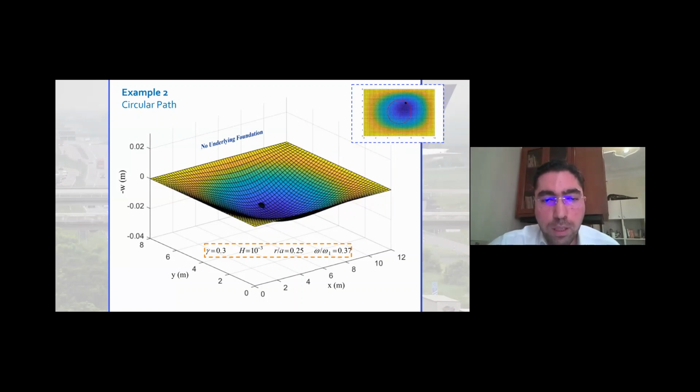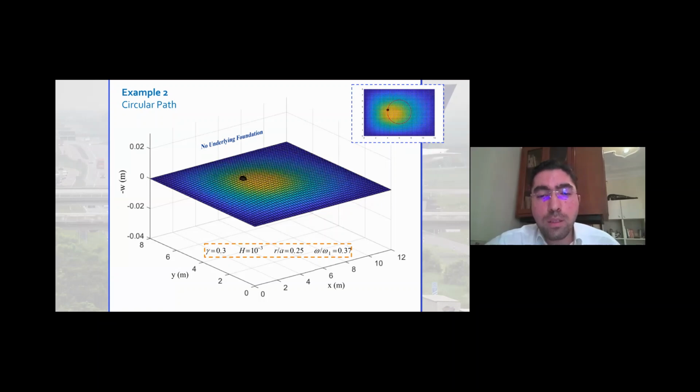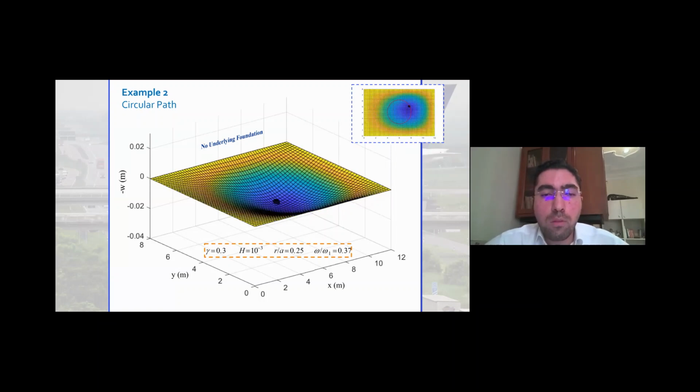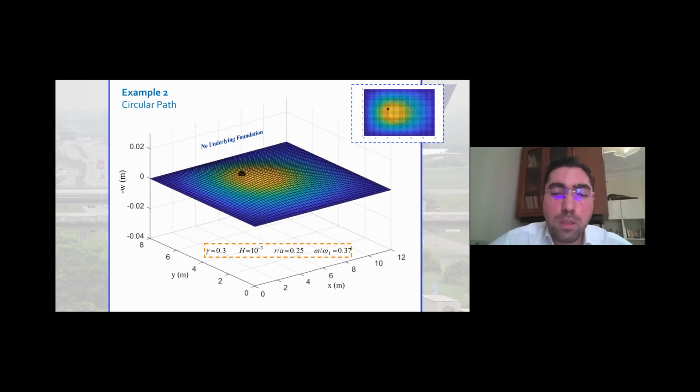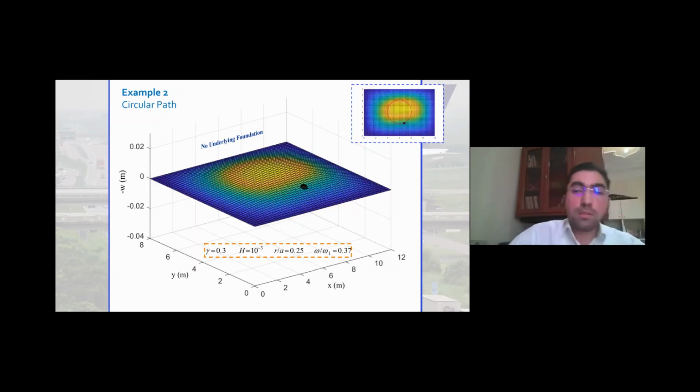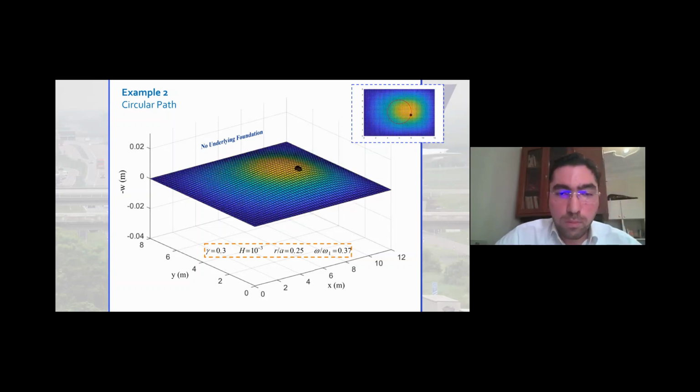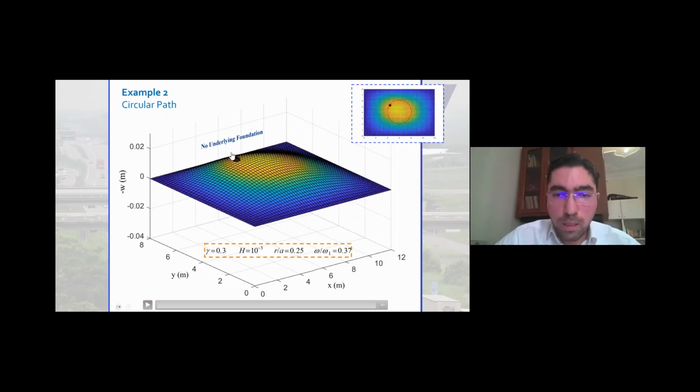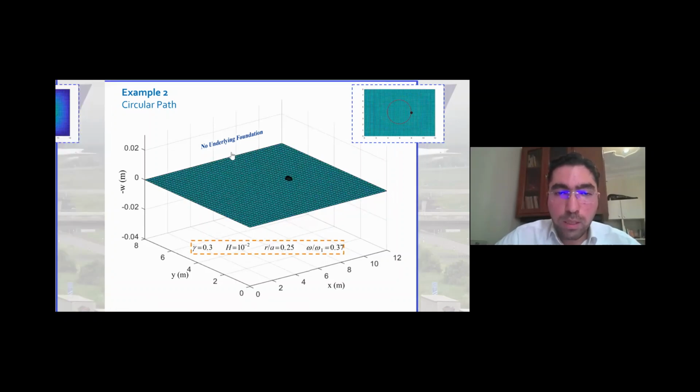You can see that the plate is vibrating under the excitation of a moving mass rotating around the center of the plate. Let me go to the next slide.